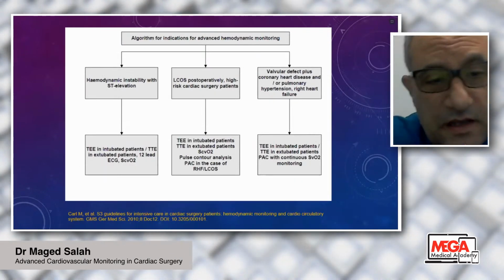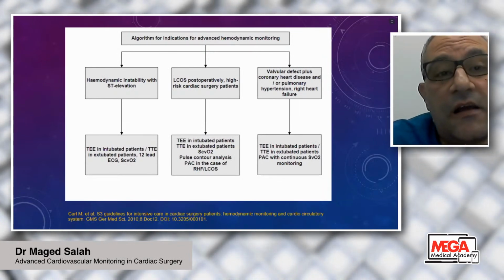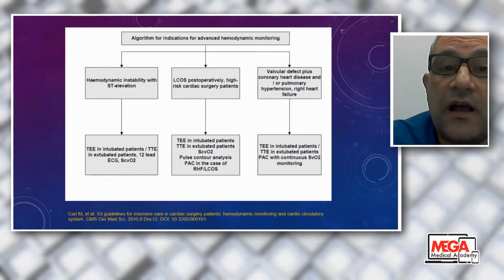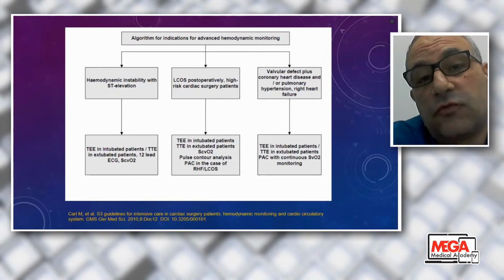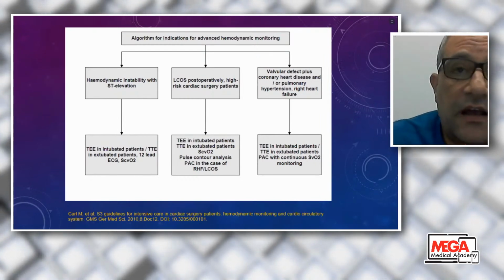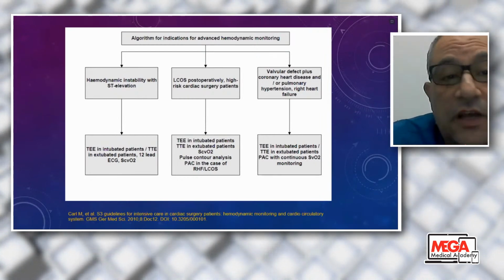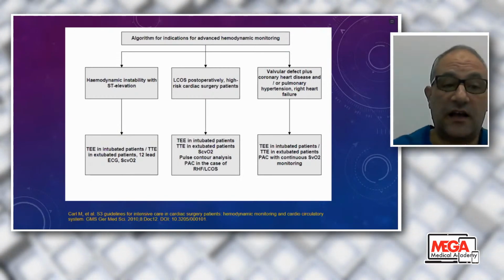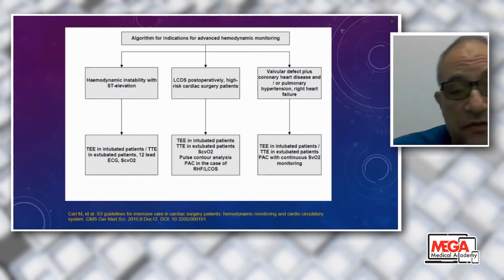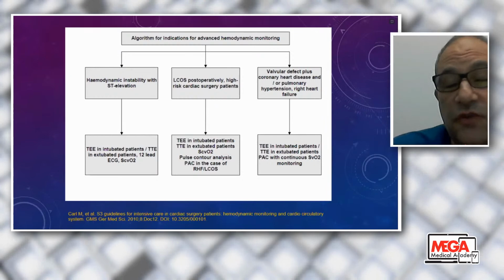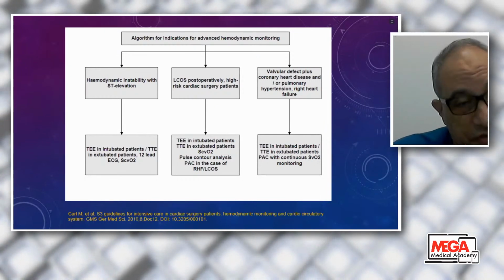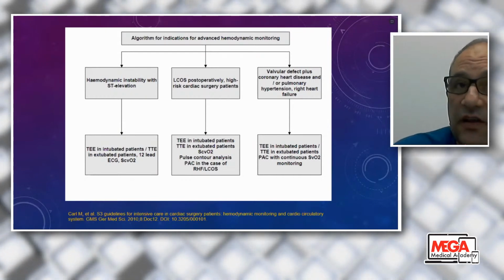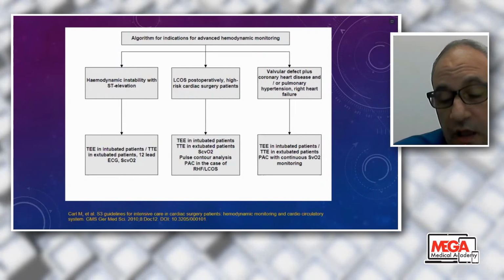Then the same guidelines defined the indications for advanced hemodynamic monitoring. It was said that in coronary artery bypass grafting, if we have hemodynamic instability with ST segment elevation, I should use transesophageal echo in intubated patients and or transthoracic echo in non-intubated patients, and 12 lead ECG with central line mixed oxygen saturation monitoring.